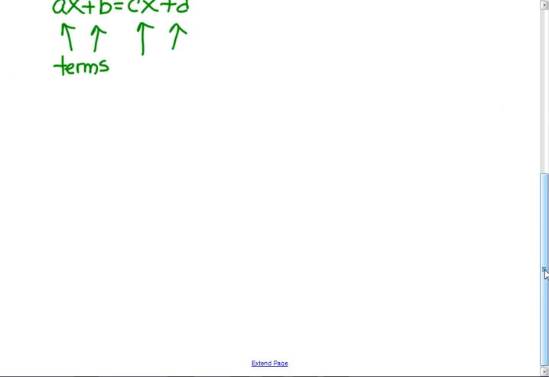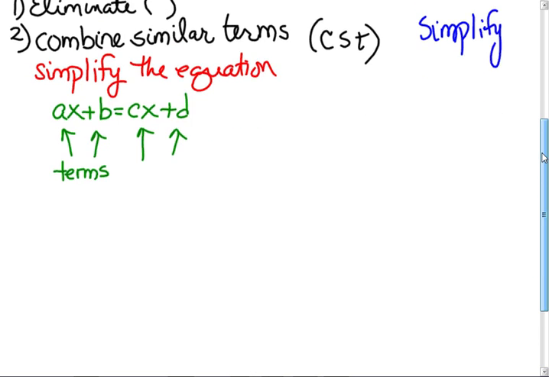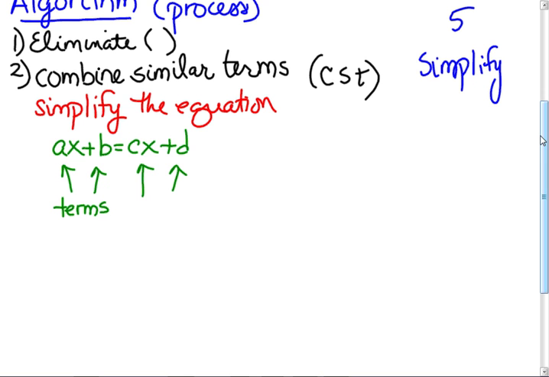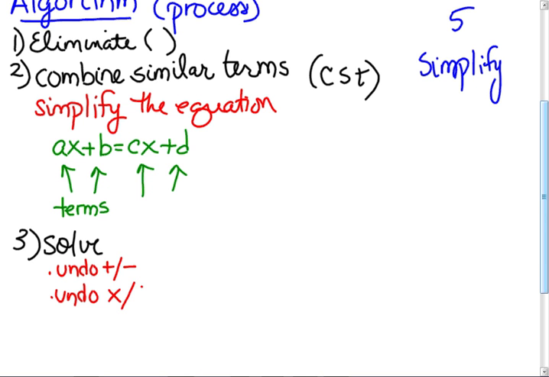And the solve process, and this is for those of you who like to have step-by-steps, so I'm writing it out. We solve, and we reverse order of operations. So first we undo adding, subtracting. All of it goes. And then we undo multiplying and dividing.